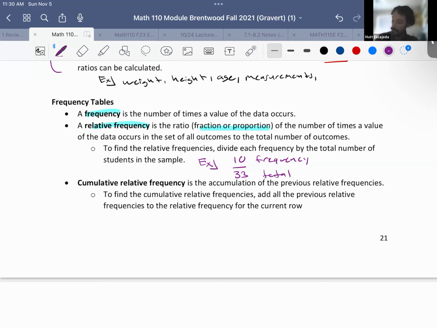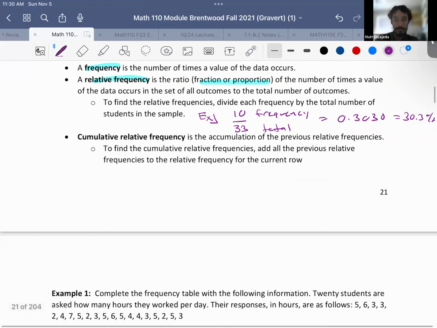What the relative frequency is, is you divide those two together, and you should get 0.3030. And then this will just be 30.3% using our rounding rules. So one more decimal place. So that's a short example of relative frequency.